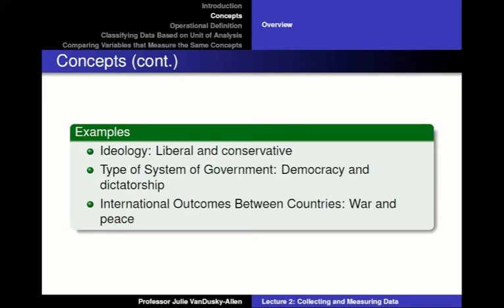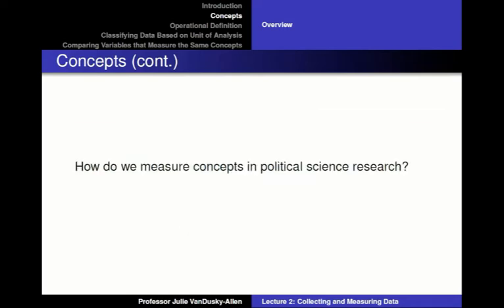But without being specific about defining what a war is, it becomes difficult to distinguish between short-term skirmishes between two countries and serious violent conflicts. So the 1,000 battle deaths criterion just makes it easier to identify serious conflicts. So in this lecture, I'm going to review the process political scientists typically use to measure concepts.